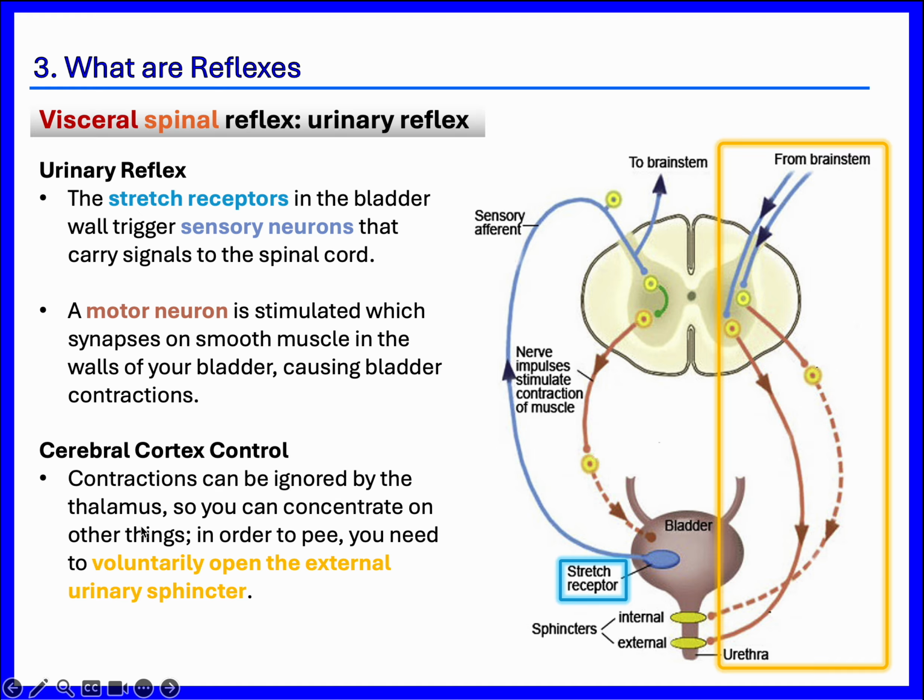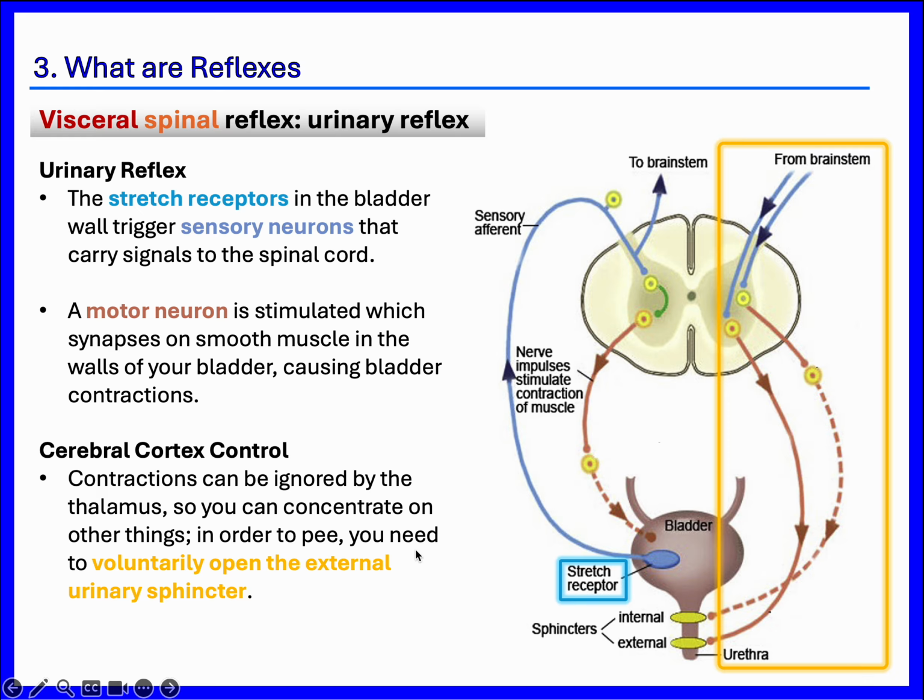But you know this very well, thank goodness. Contractions could be ignored by the brain stem up here. You could send down a signal, right? And you could actually keep these sphincters closed. And you could say, nope, I'm not going to think about this right now, right? So you could concentrate on other things.